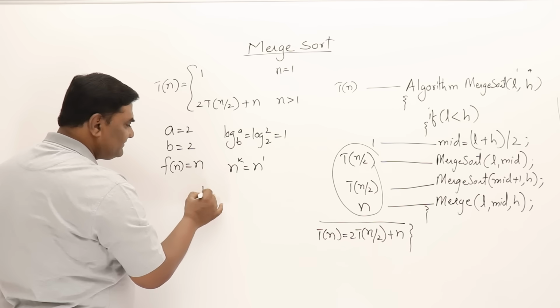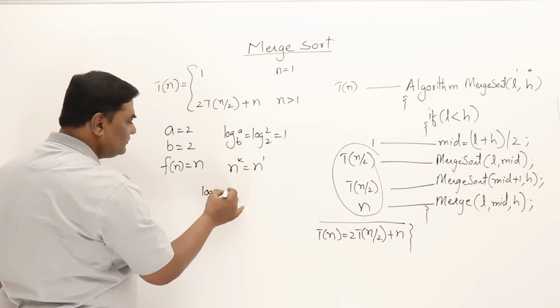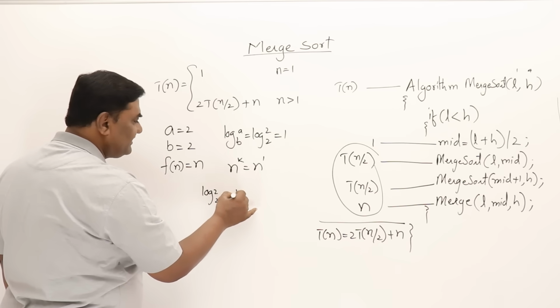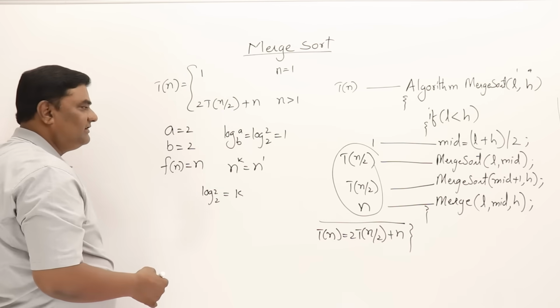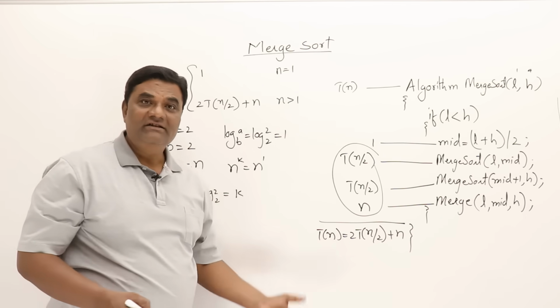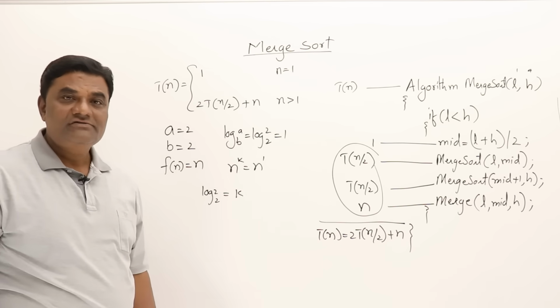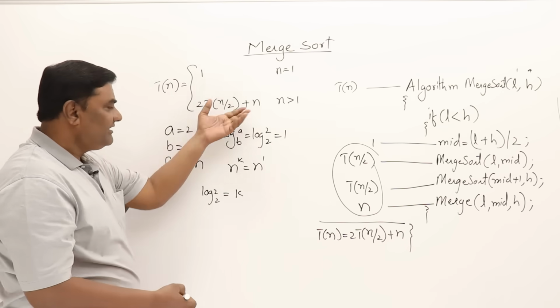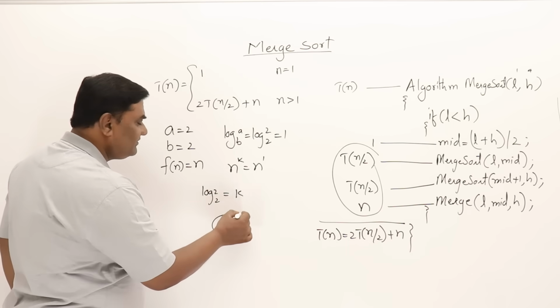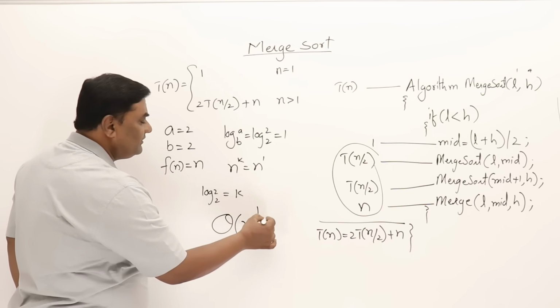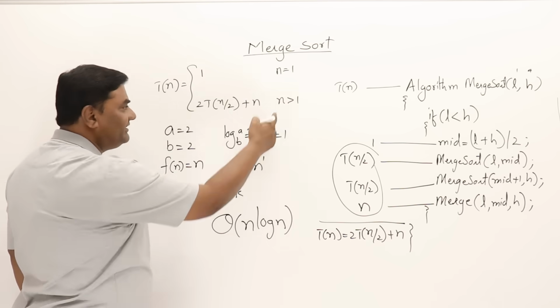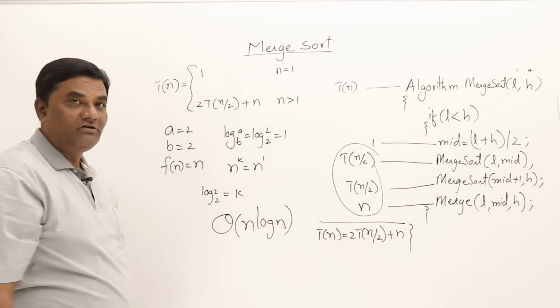So log 2 base 2 is equal to k. They are equal. So we compare these two, and this is falling in case 2. So case 2 says what? Whatever f of n is, write f of n as it is and multiply it by log n.